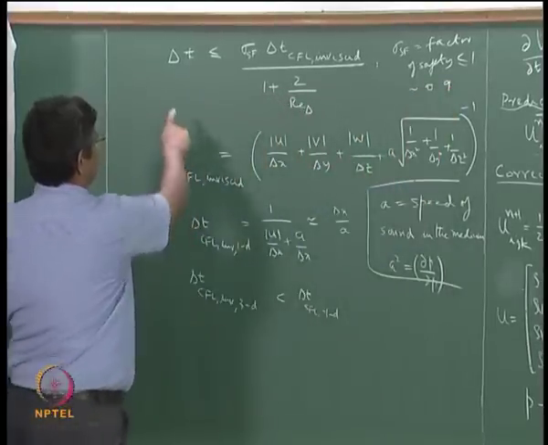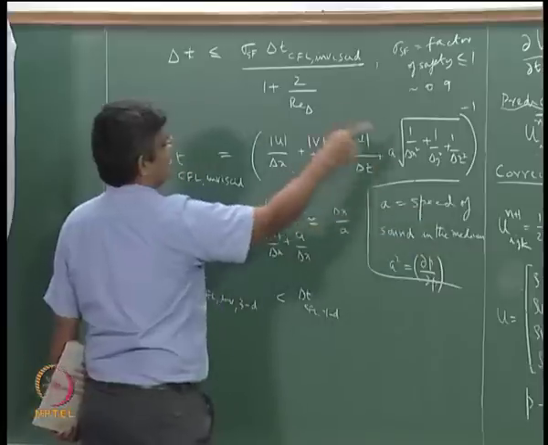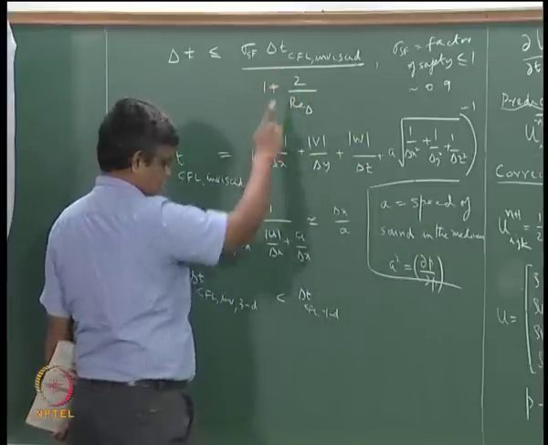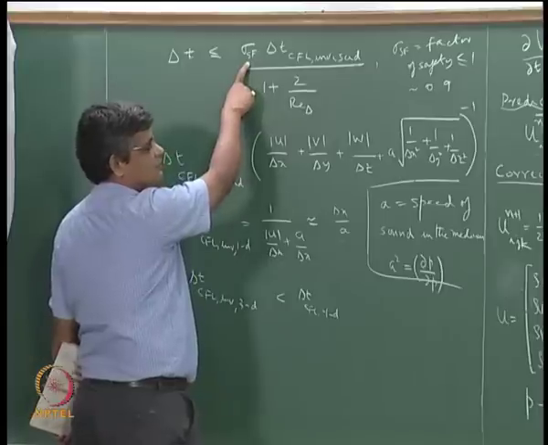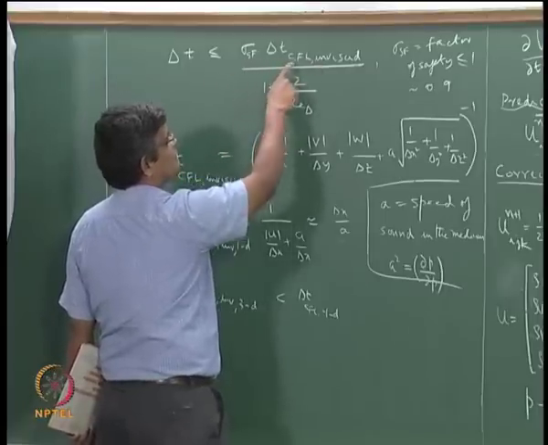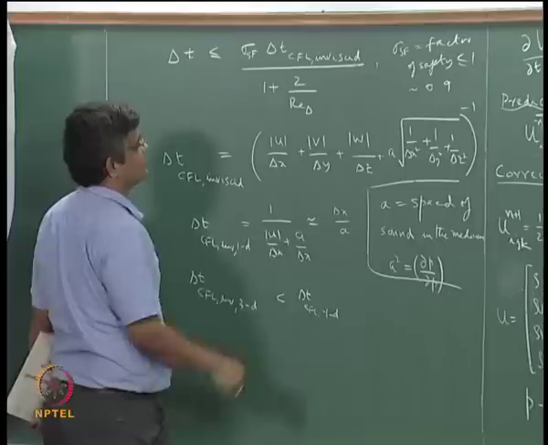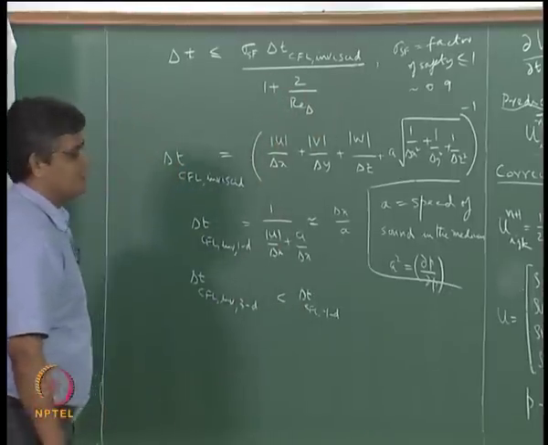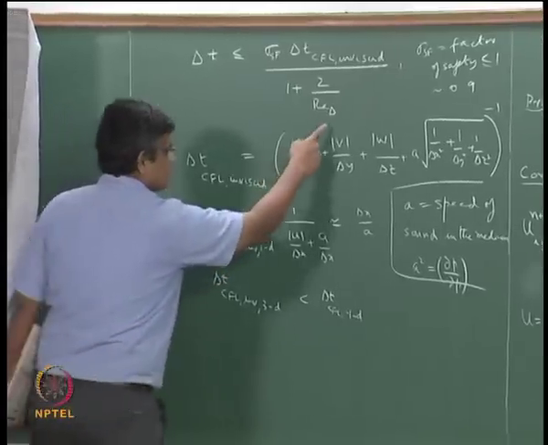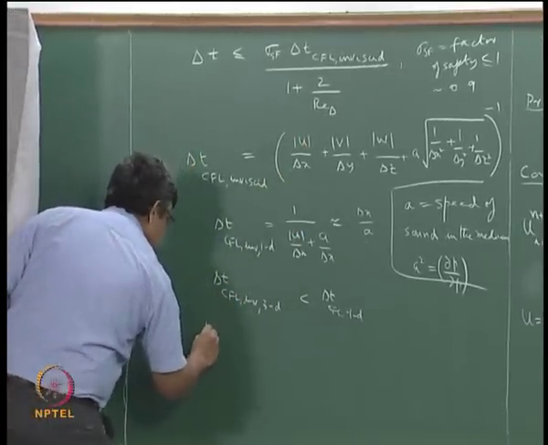So the delta T that you can use is less than what you can use in the 1-dimensional limit, because you are using a factor of safety, and because you have a viscous effect coming through the Reynolds number, and the Reynolds number here is called the mesh Reynolds number.